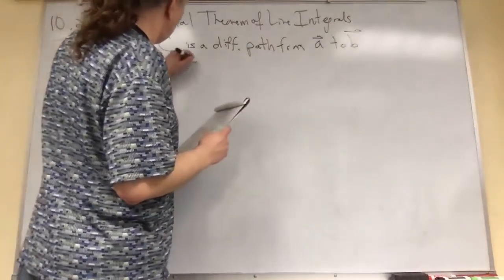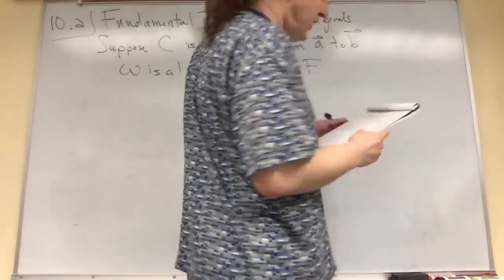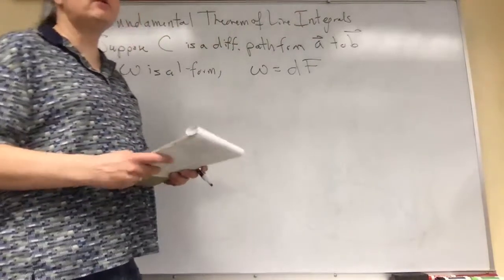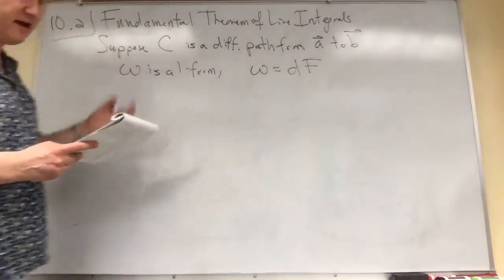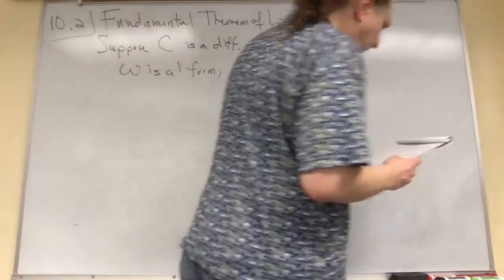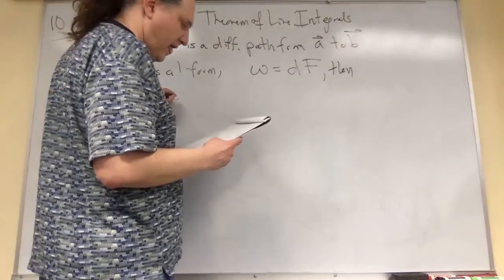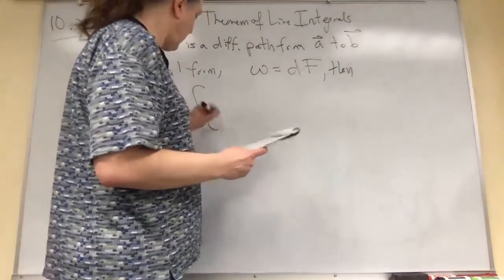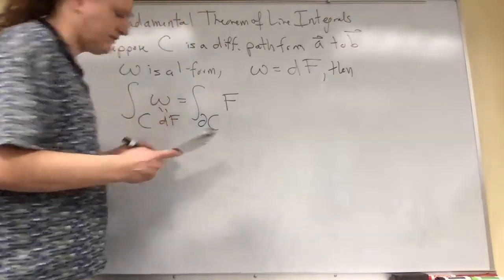Omega is a one form, and omega is the total derivative of a function. Remember, functions are zero forms, and we do take the total derivative here, which is each of the partials times the associated differential. Then the integral of omega over this curve is equal to the integral of the boundary of f, because omega is the derivative of f.